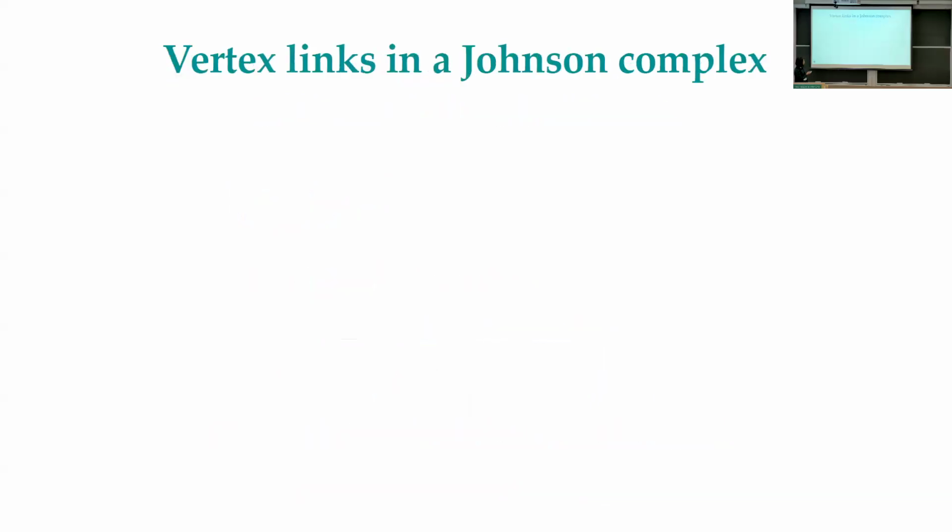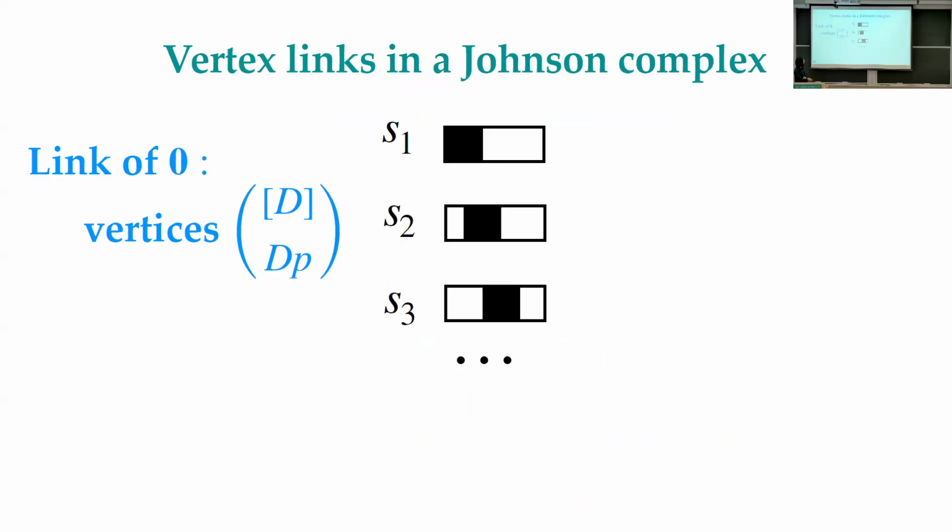It's not hard to see what a link of a vertex is. By symmetry, it's enough to look at the link of the all-0 string. In its link, all the vertices are simply weight d times p strings in my hypercube, for example S1, S2, S3.